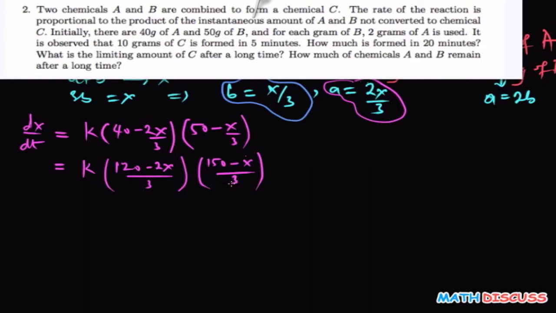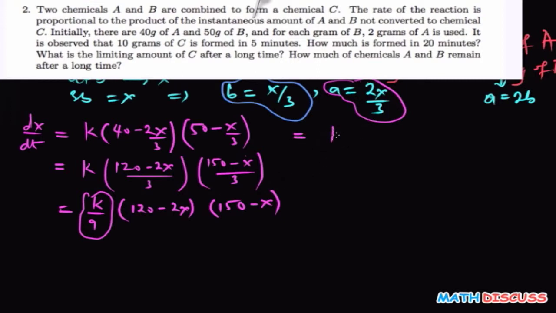So 3 times 3 is 9. This gives us k all over 9 into 120 minus 2x into 150 minus x. But k all over 9 is another constant, which I can call k1, into 120 minus 2x into 150 minus x. So this is my differential equation I want to solve.